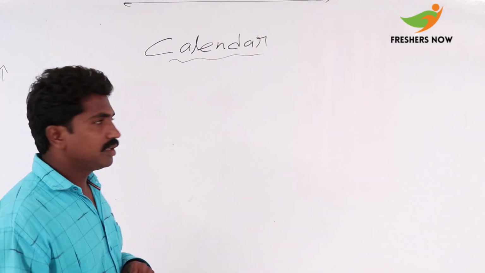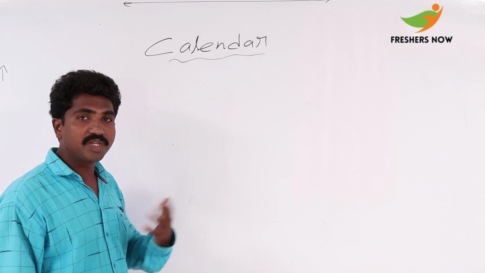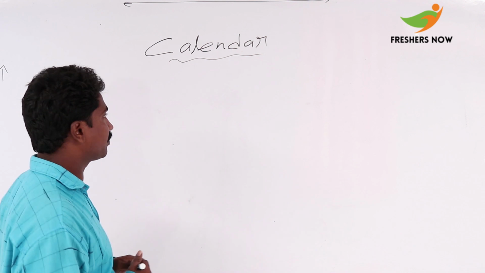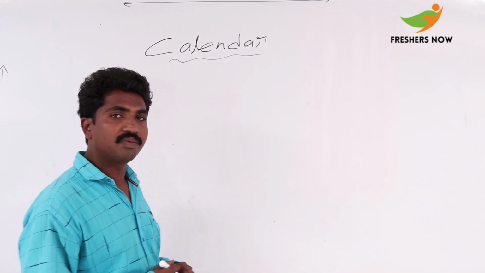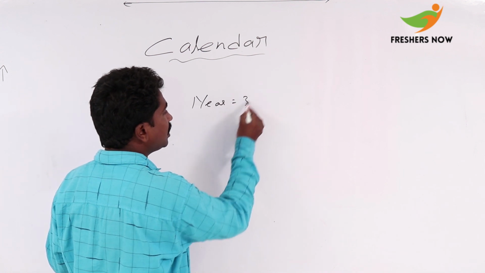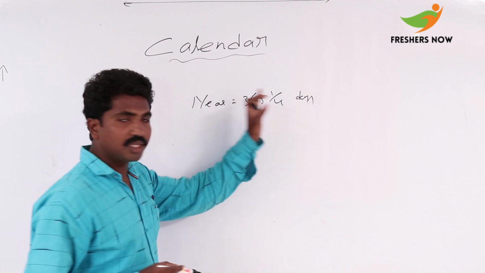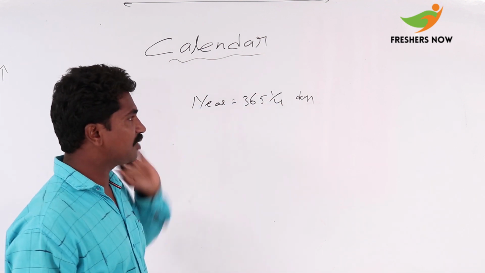Why do we get a leap year every 4 years? For 1 year, how many days? 365 and 1 by 4.